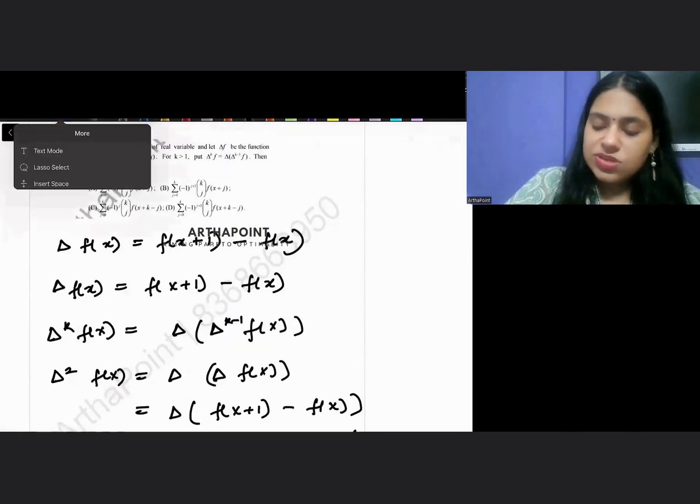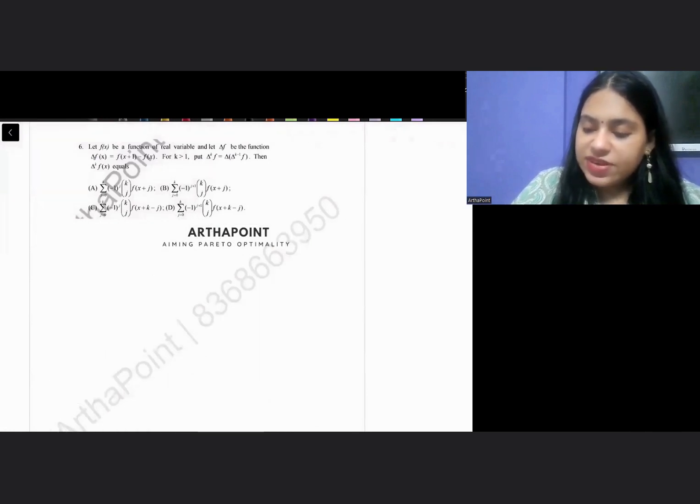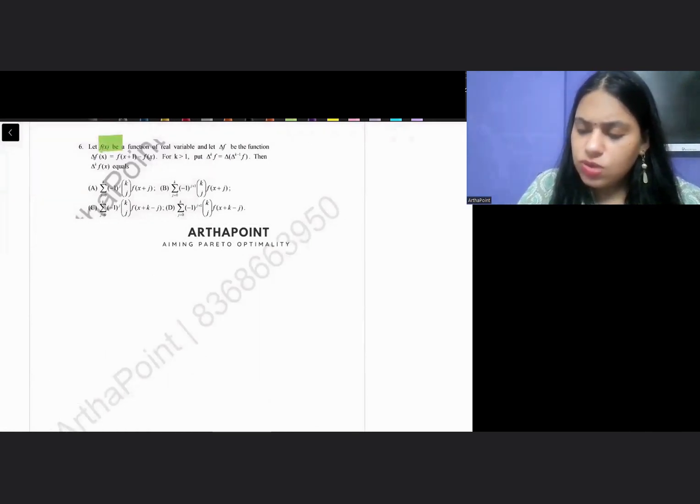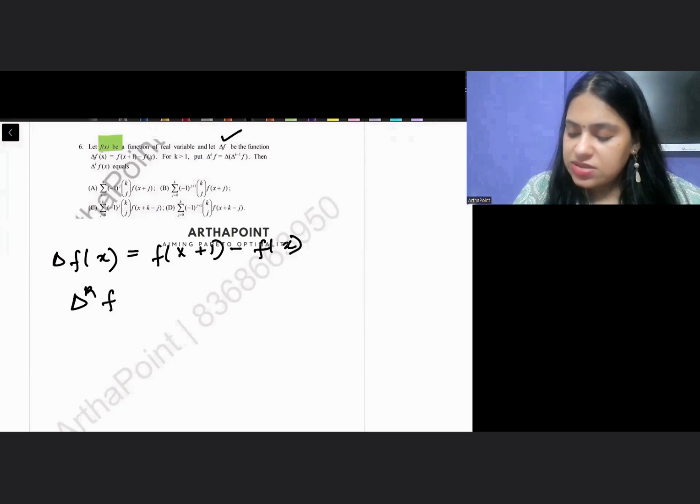Okay, so this says you have f of x, a function given to you, and it says that let the change in f be the function which is equal to f of x plus 1 minus f of x. And then this says this is equal to, okay.